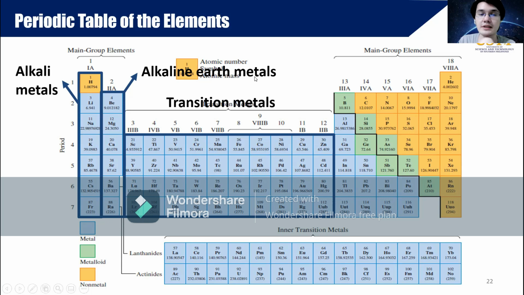So first, I have mentioned earlier that these elements are arranged in such a way that they have the same properties. So the alkali metals, which have one valence electron, will readily give out one valence electron for bonding.